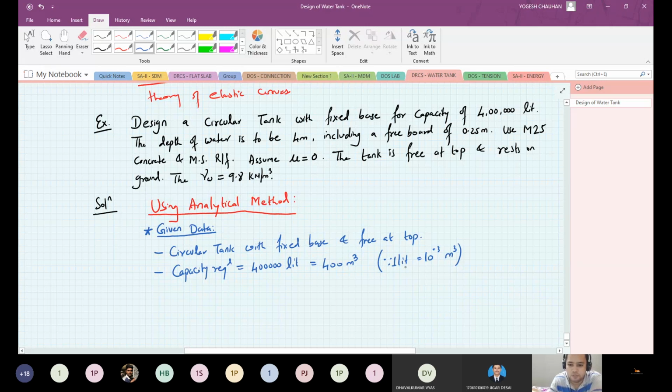The volume occupied by 1000 liter of water is equal to 1 meter cube.